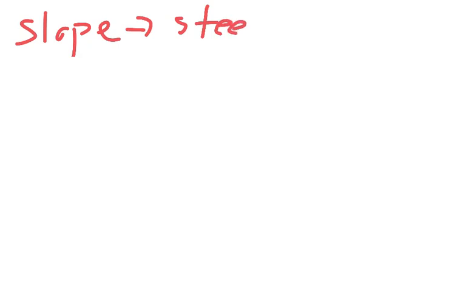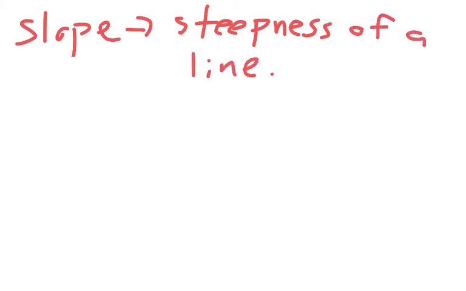What we just got done talking about with the steepness of a line, we have a vocabulary word that we use for that. It's called slope. So, for vocabulary, slope is the steepness of a line. Slope is the steepness of a line.